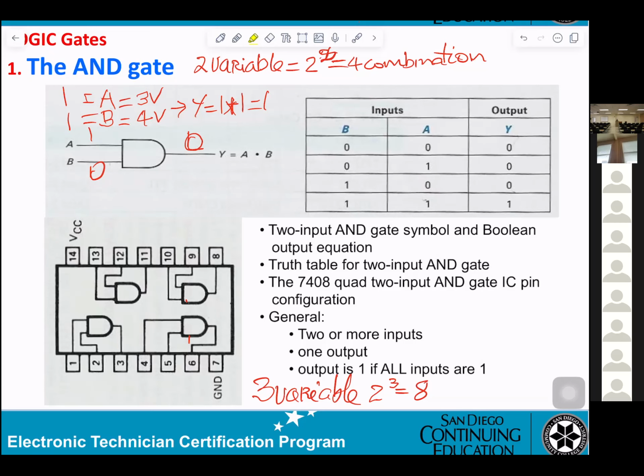Output is 1 only if all inputs are 1. If one input is 0, output must be 0. If you want the output to be a 1 for the AND gate, then all of the inputs have to be 1.